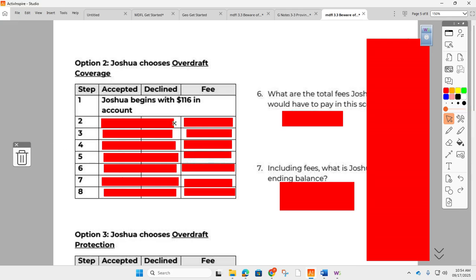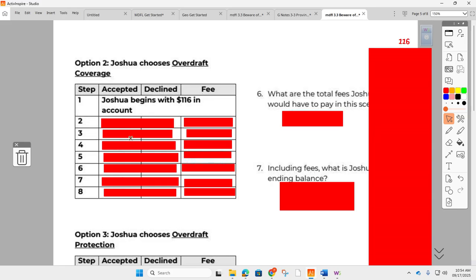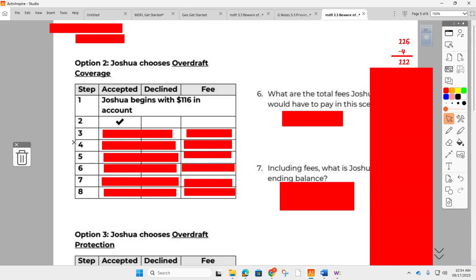So he's still starting with a $116 balance. No account is attached to this option. $4 bus ticket, will they pay it? Yes. And of course there's no fee, he has that money. And what's the next one?